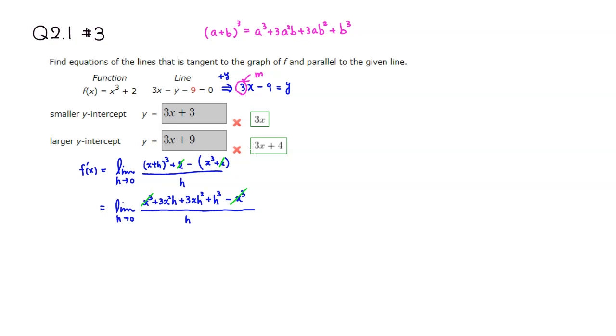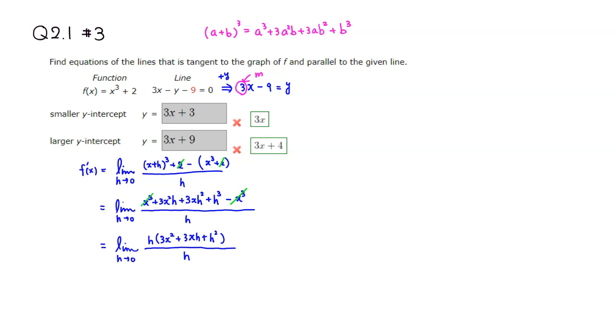The next step is, you have 3 terms left over, but every single term has h in it. So we're going to pull out the common factor h. If you pull h out from the first term, you have 3x squared left. If you pull h from the next, you get 3xh left. If you pull h from h cubed, you get h squared left over, and then all over h.